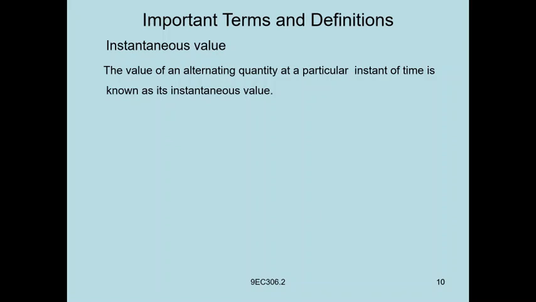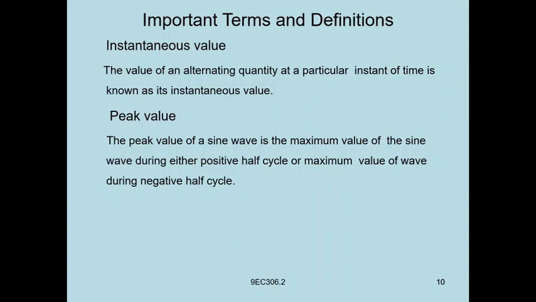Already I showed in the last figure the instantaneous value and peak value. The peak value of a sine wave is the maximum value of the sine wave during either the positive half cycle or the negative half cycle.